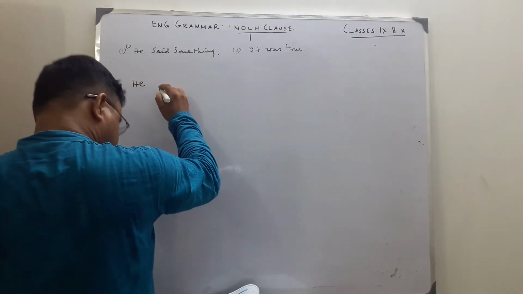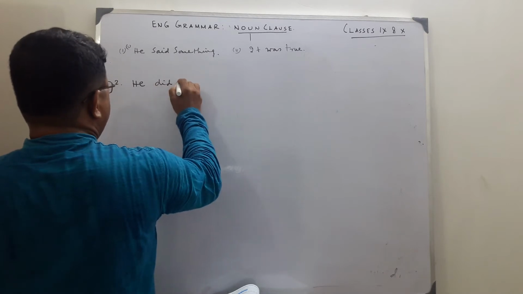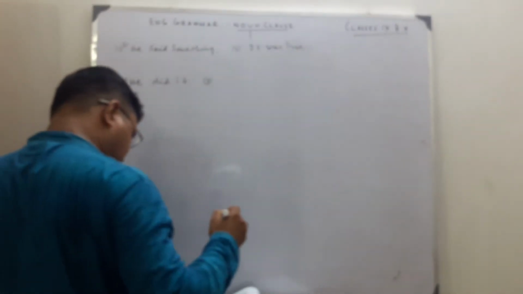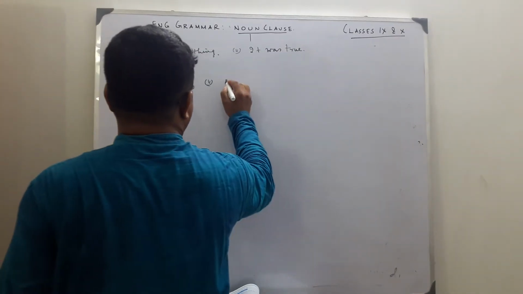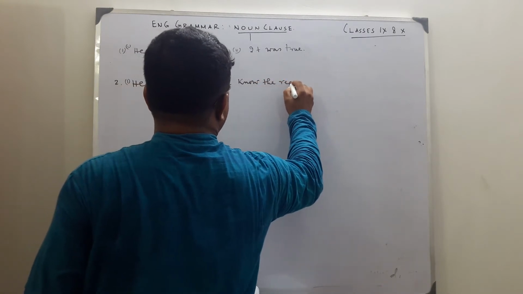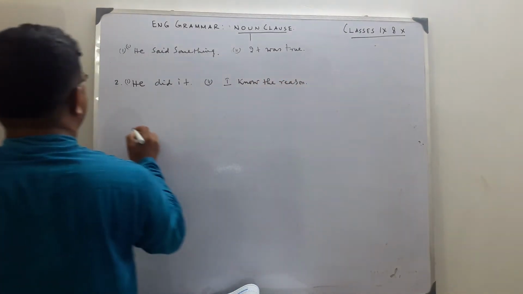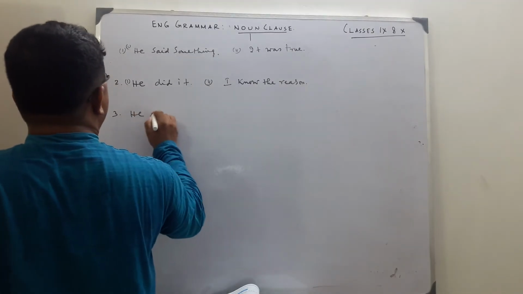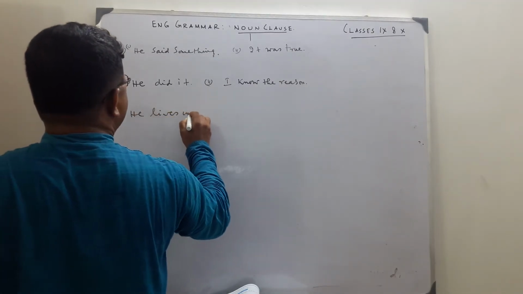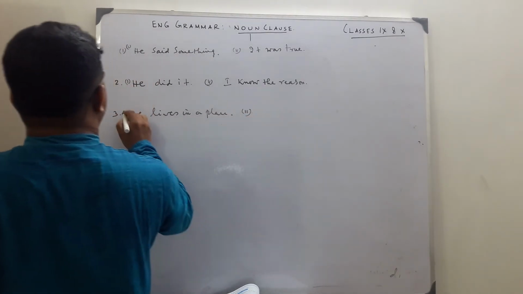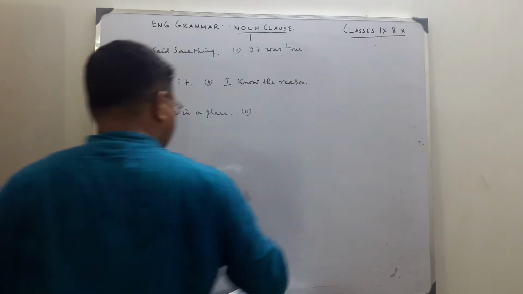He did it. Second part, I know the reason. Next, number 3, he lives in a place. Second part is, I know the place.